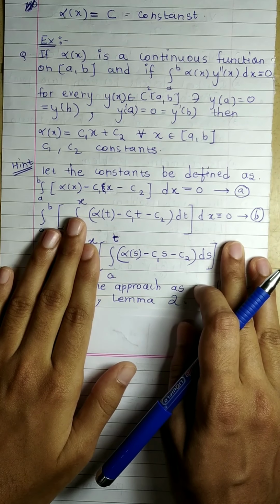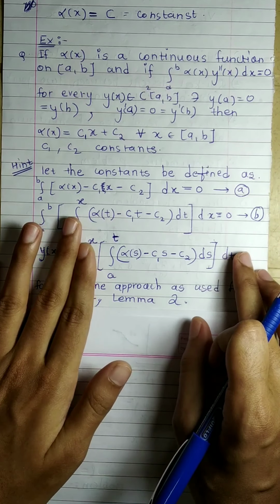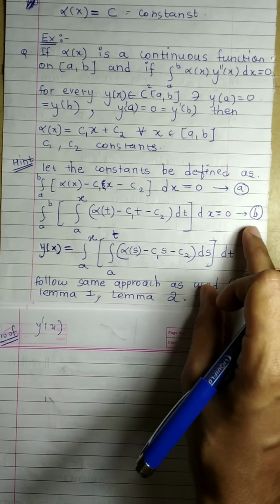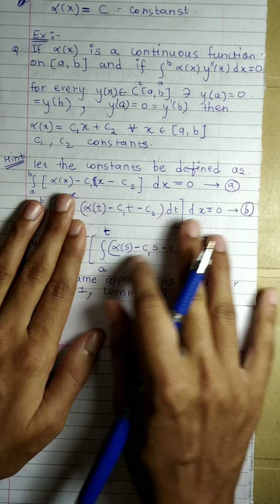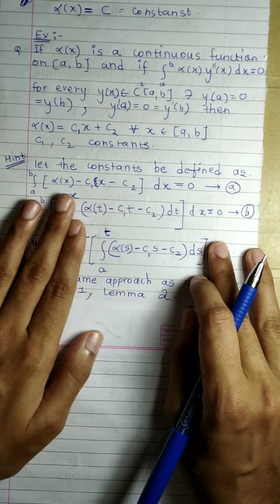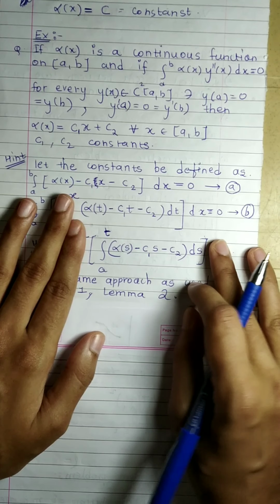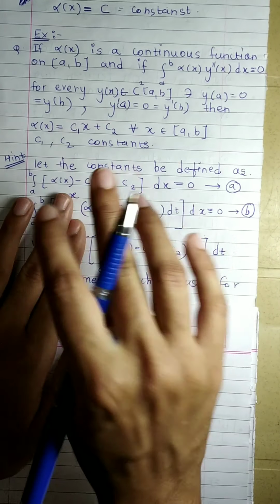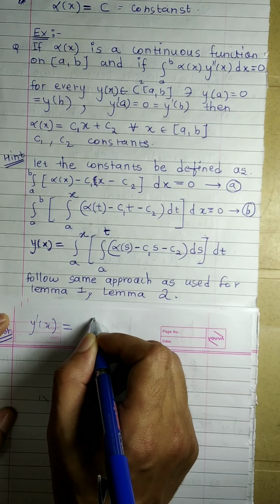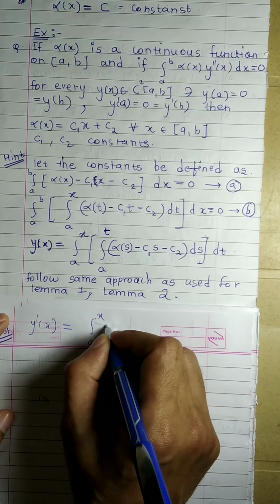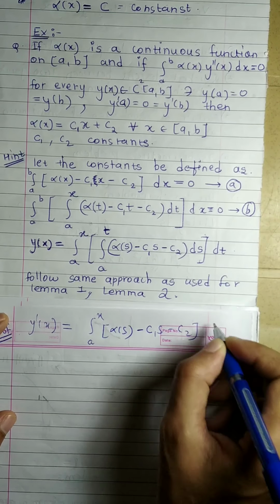So y dash at x will be integral from a to x of alpha of s minus c1s minus c2 ds.